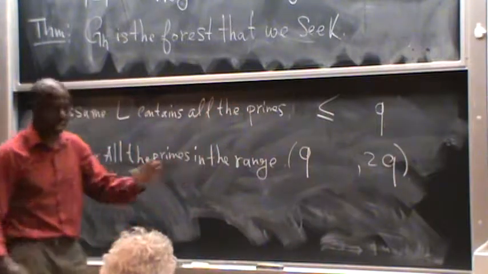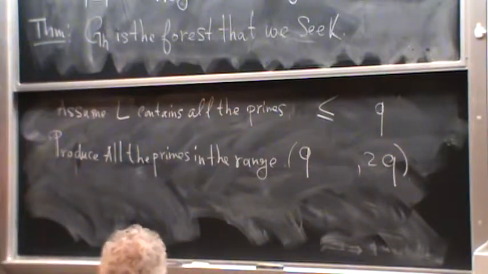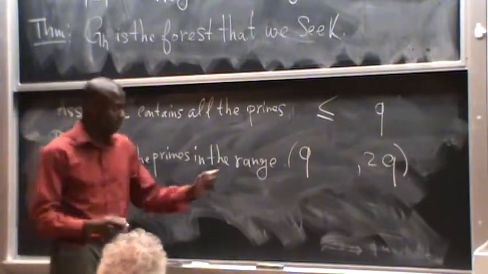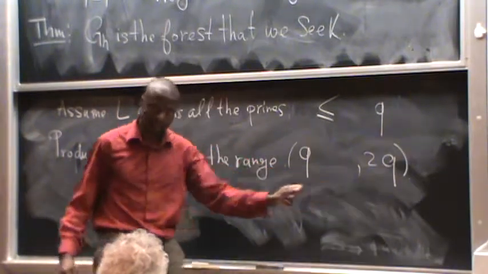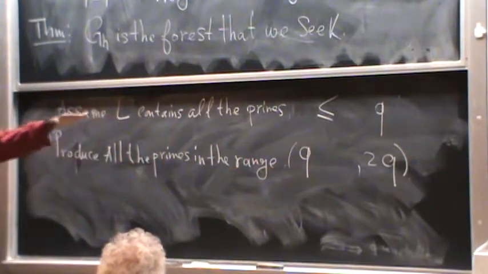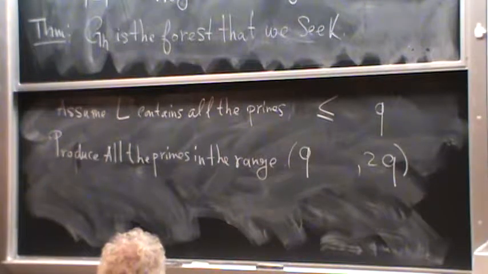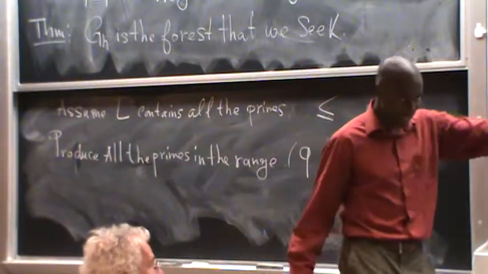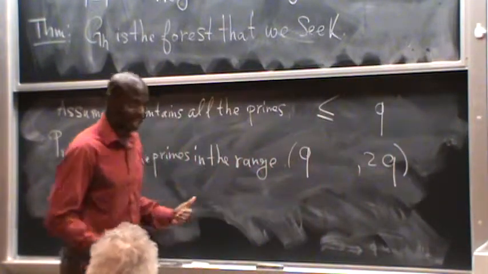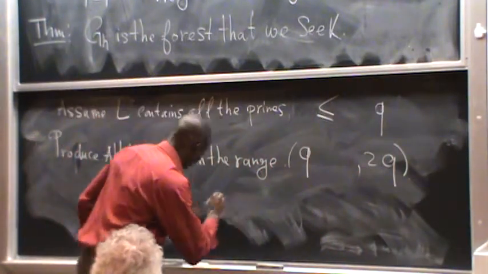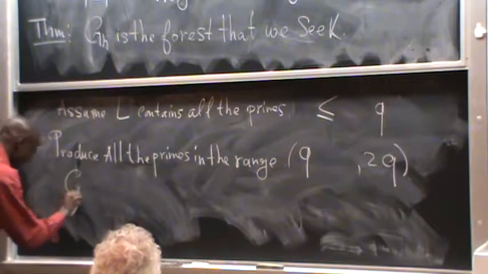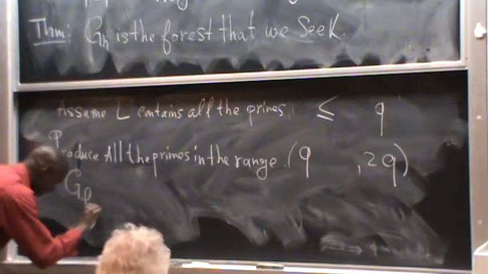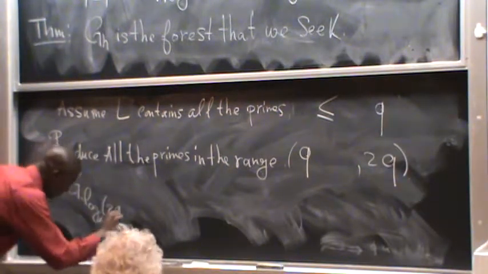So you have some integer, let's say I have the integer 10, and I want to produce all the primes that are between 10 and 20, okay? How can I use the algorithm to actually do that? So we use algorithm 1, the algorithm described, to produce trees of height log star of 2q.